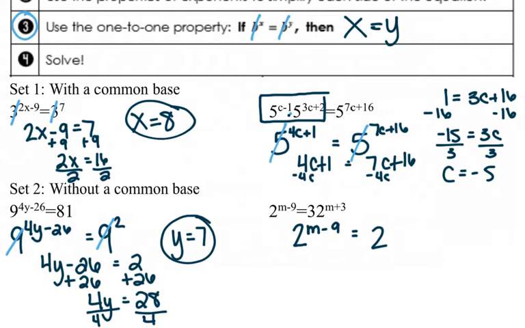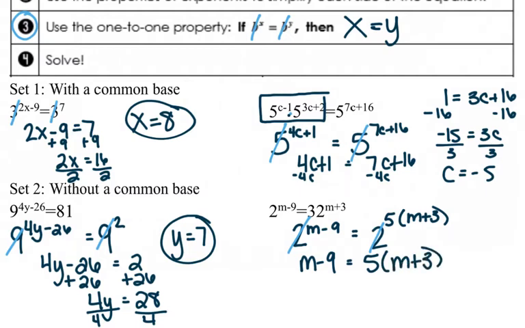But 2 to the 5th power actually equals 32. The only thing to remember is to put the rest of the exponents in parentheses. Alright, so now my bases are the same. I can cancel them out. So now I have m minus 9 equals 5 times the quantity m plus 3. So now I have to distribute my 5.